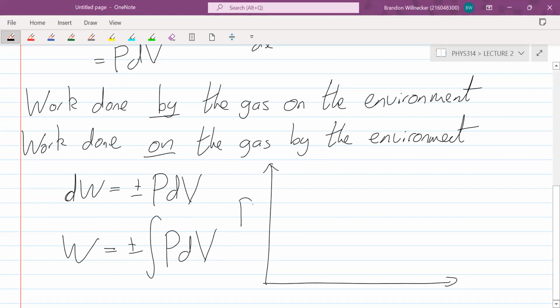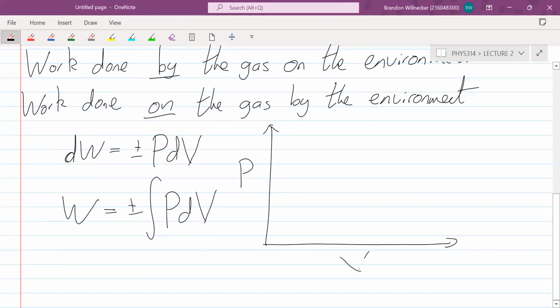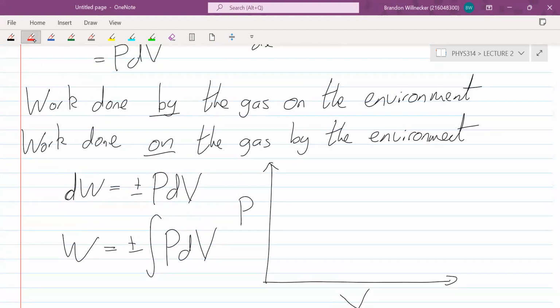So if we look at our PV diagram, we could start in this state here, and we end up somewhere over here. So the volume's changing, the pressure's changing. That depends on how you do the process. So you could go this way, or you could go this way, for example.